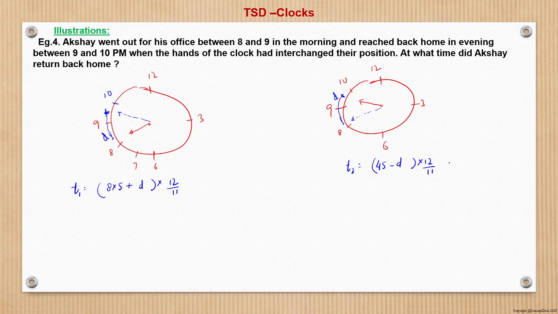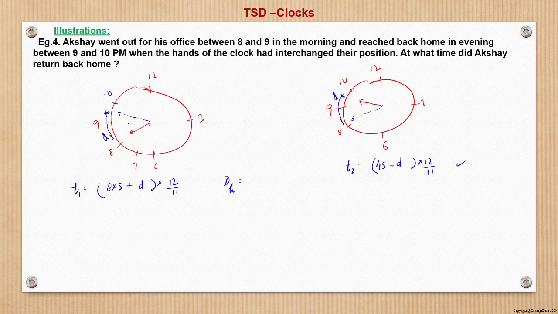So we have to find at what time Akshay returned back home. For that we need to find the value of d. So what is the value of d? Let us find that. What is the distance covered by our hand? Our hand has covered the distance from this location to this position, right? This is in the morning, this is in the evening.